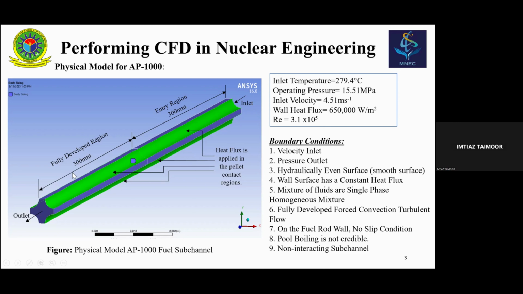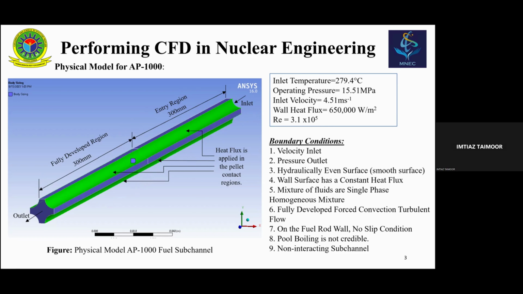Okay, you can see that here I have marked a region of 300 millimeter. That is my entry region. That means at least 300 millimeter we have to keep to give some room for the flow to develop. And after that, we have the fully developed region. That means the flow is fully developed now.